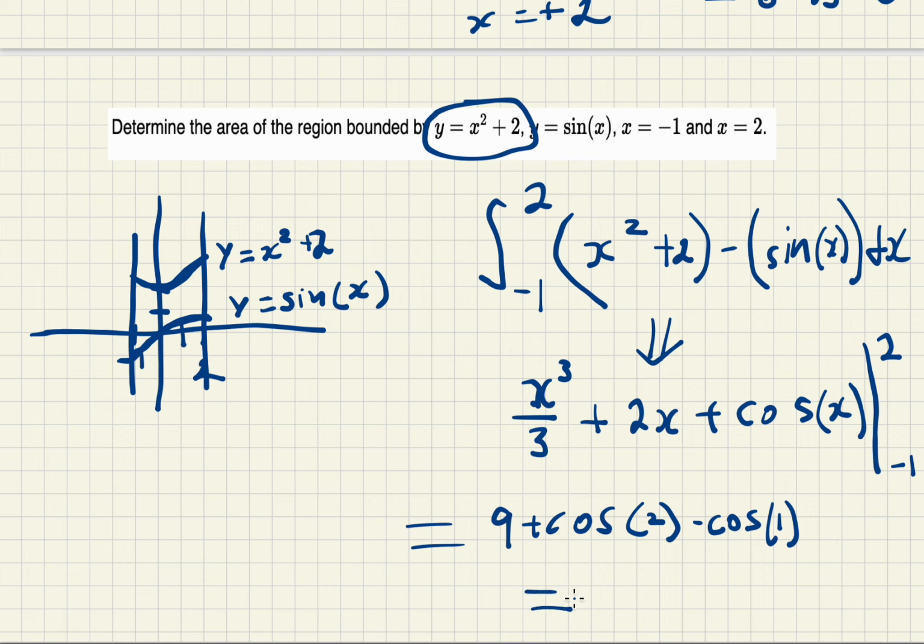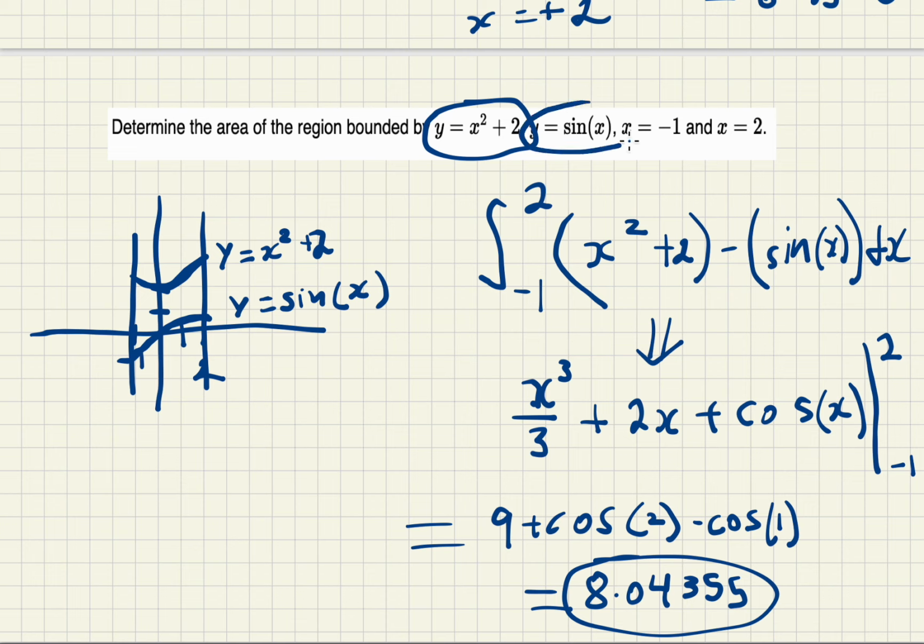Using a calculator, that is equal to 8.04355.